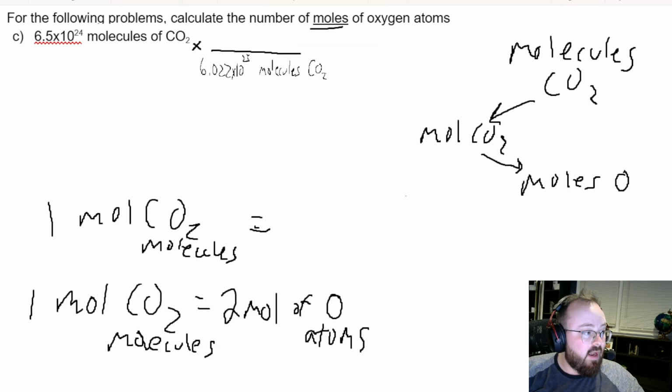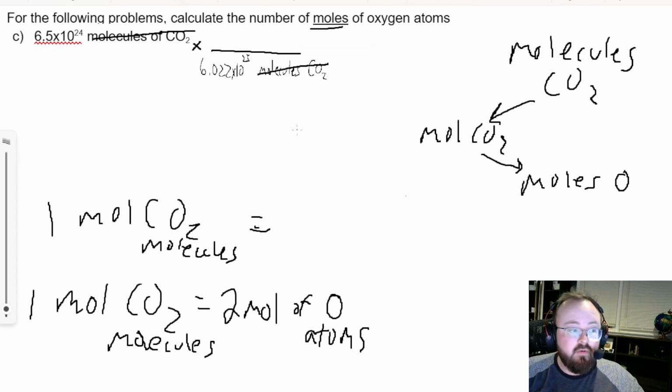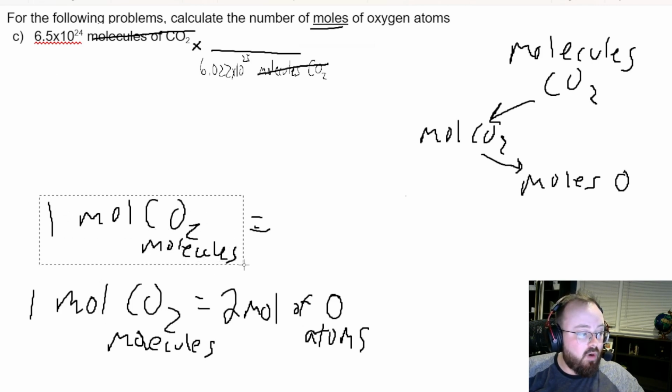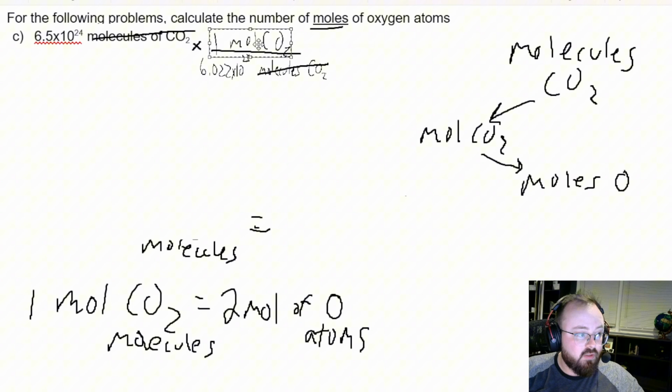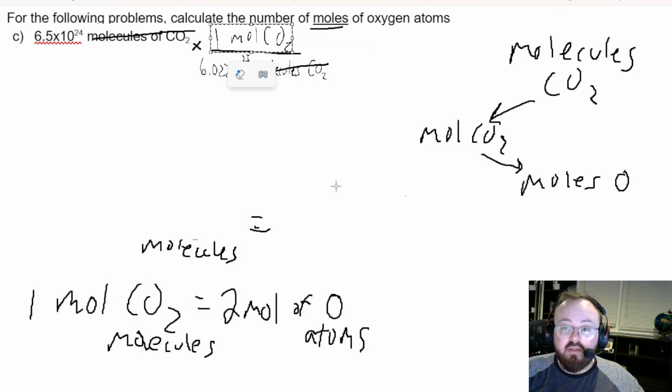So right here, I now have molecules of CO2, which means that the other side of my conversion factor, which is 1 mole of CO2, and we don't need the molecules at that point, because it's just telling us we got a mole of CO2, will go on top. So that is my first step in my dimensional analysis.